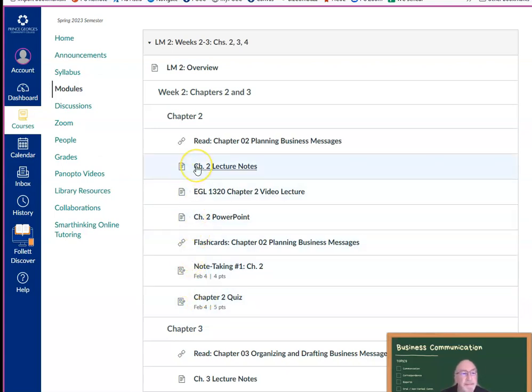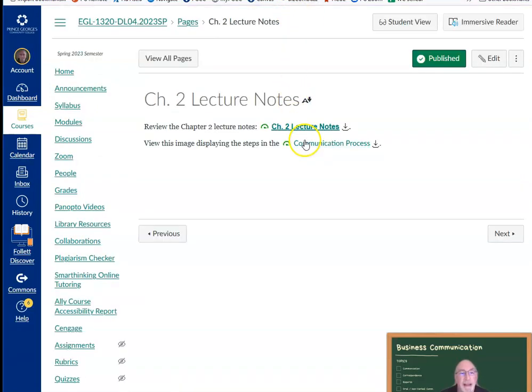Now, click on Lecture Notes, and then click on Communication Process.